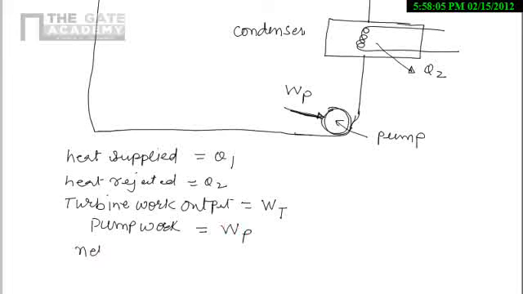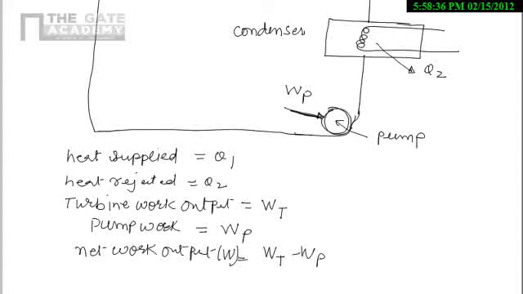So we can say that the net work output W equals WT minus WP. So here the net work done is WT minus WP. But sometimes we neglect the pump work if it is very small in comparison to the turbine work.